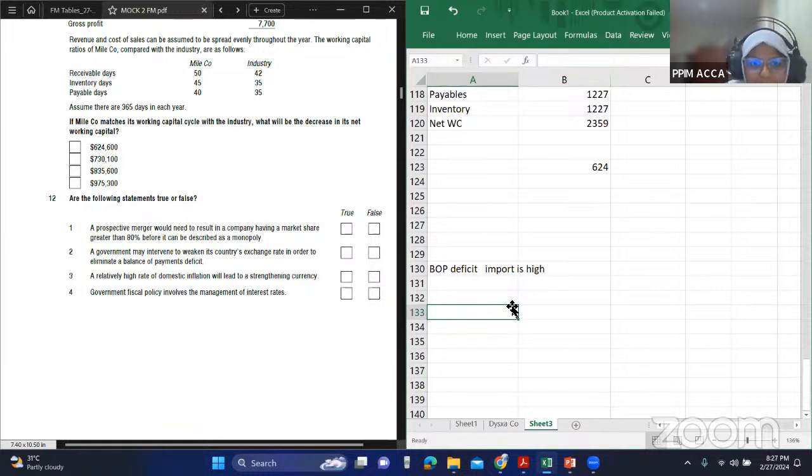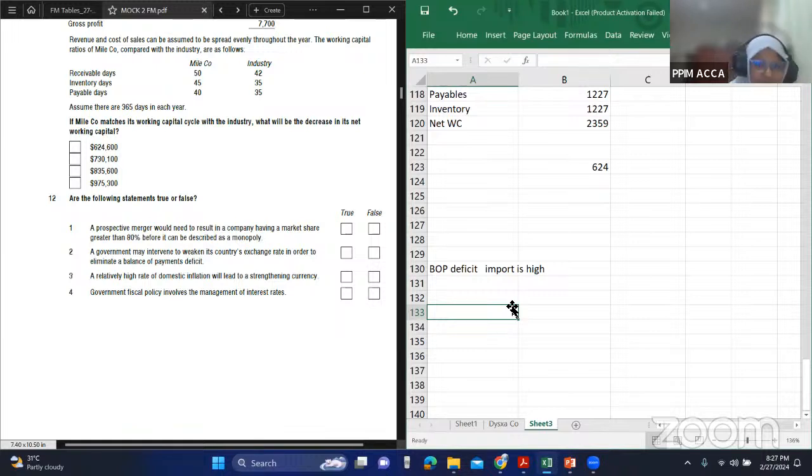Because if somebody exports it, they will get money in another foreign currency. When they convert it to our currency, they get a lot of cash. So weakening the currency, if you have a balance of payment deficit, is actually true. Because by weakening the currency, you will demotivate people from importing and you will motivate people to export. So that's true.